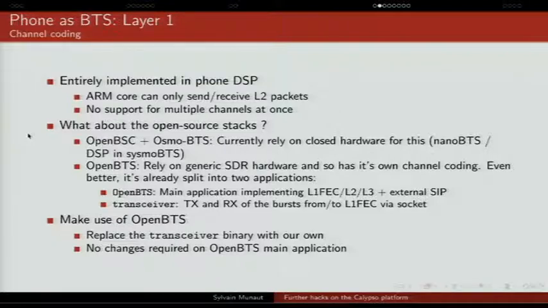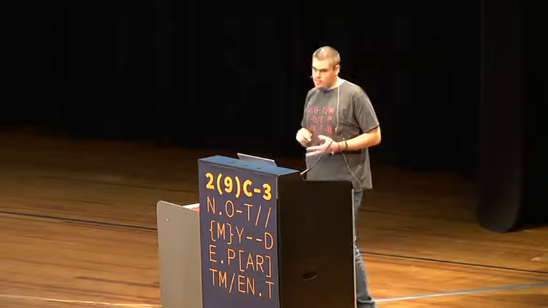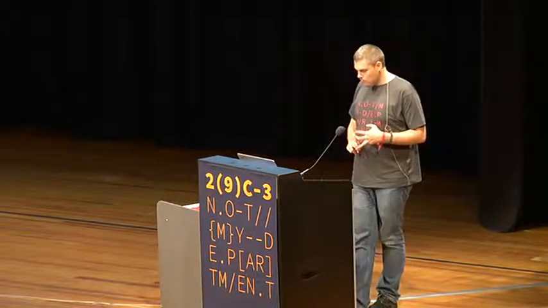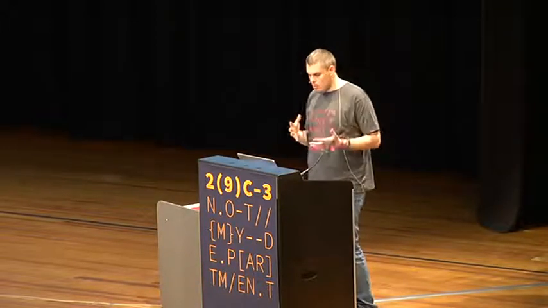And even better, they have nicely split OpenBTS already into two applications. The OpenBTS binary itself, which implements the layer 1 channel coding, the L2, L3, and the external SIP interface. And then the transceiver, which transmits and receives raw bursts on the air.